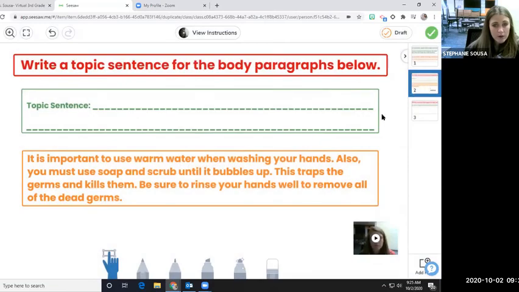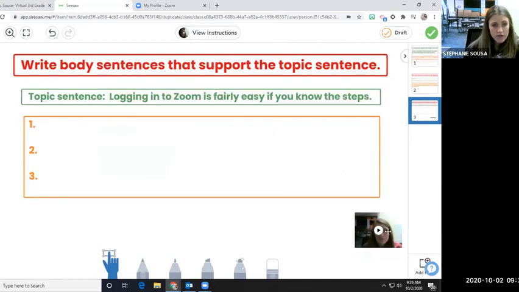I have also included a small video instruction on each slide. So this is going to be a video about exactly what to do on slide 2. This is going to be a video about exactly what to do on slide 3. But you are adding body and topic sentences. Does that answer your question, or do you still have more? That answered my question. All right.